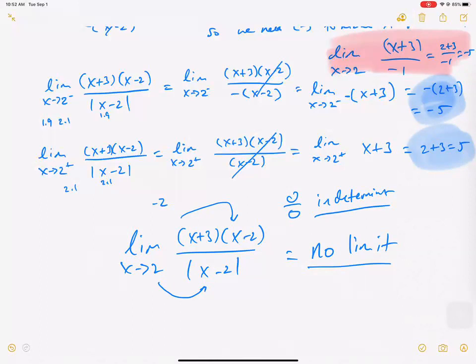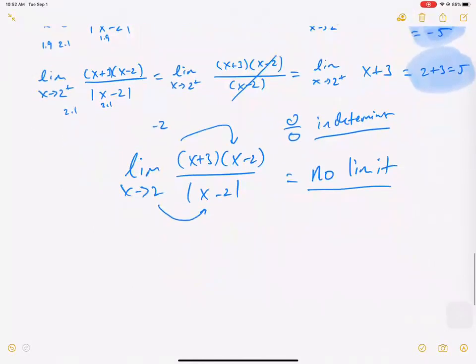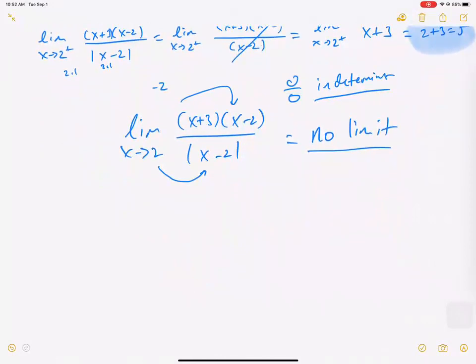Okay, so in what cases does this problem become a little bit easier? Well, if I write the limit as x approaches, let's say, 3 of (x minus 3) squared over absolute value of (x minus 3) squared.